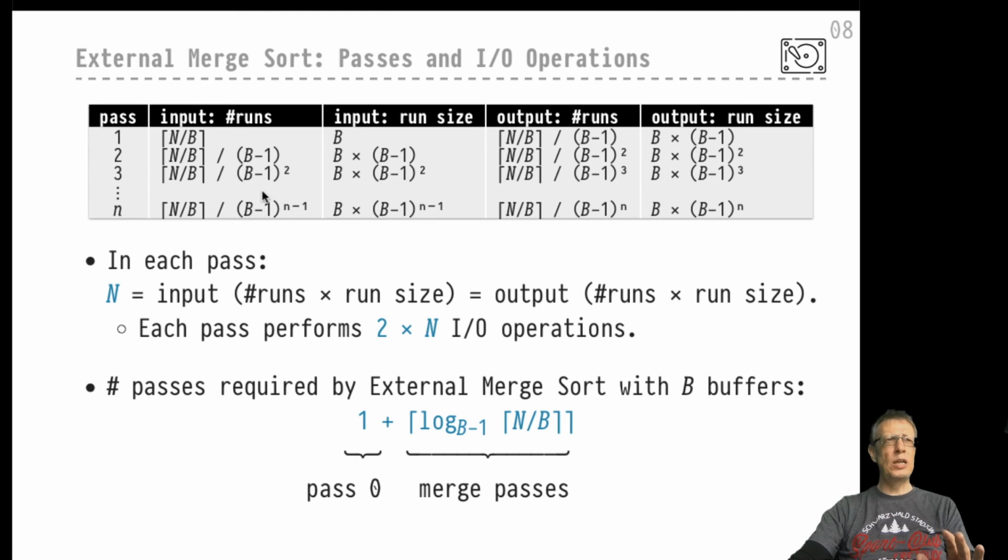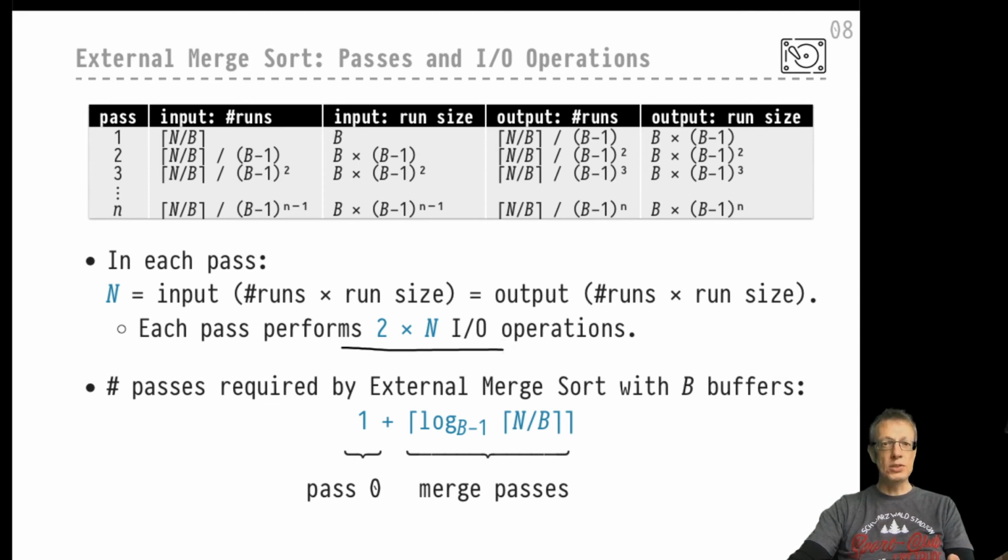The entire input has to be read, to be fed into the merge process. The entire output has to be written to disk, because we have to collect the merge results from the buffer and append them to the output runs. So each of these passes will indeed perform 2 times n I/O operations. If n is large, this adds up to a large number of I/O operations.